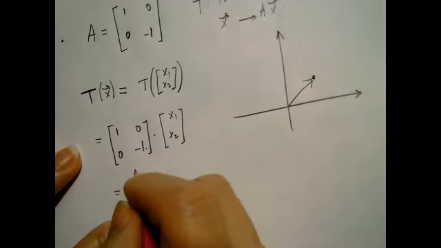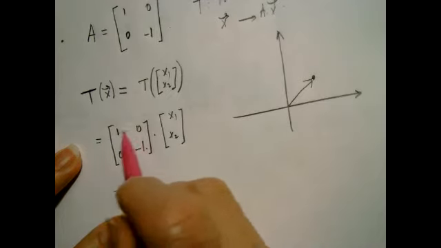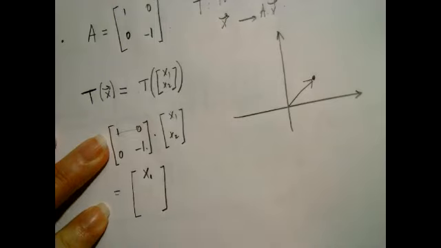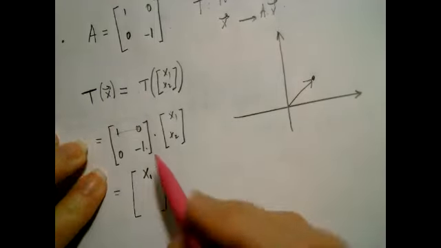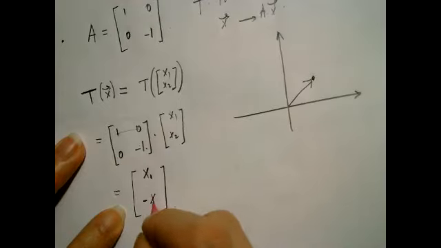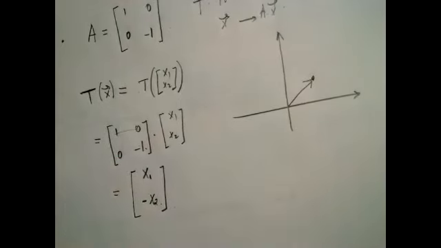And let's see, what does this give me? This is going to be equal to, row by column, x1 plus 0 x2, which is x1, and 0 x1 minus x2. Okay, so what does this transformation do?